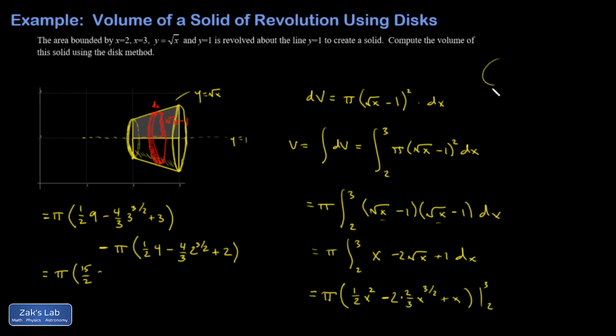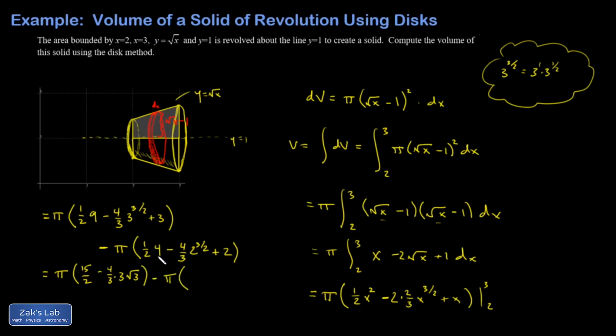Let me think about this, because I should clean it up a little bit. 3 to the 3/2, that's the same as 3 times 3 to the 1/2. So I could write this term as 4/3 times 3 root 3. Maybe it cleans up a little better.